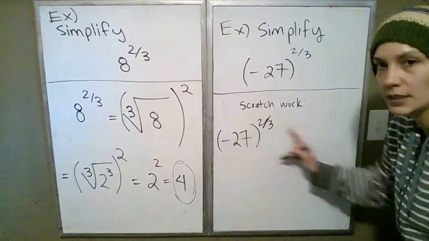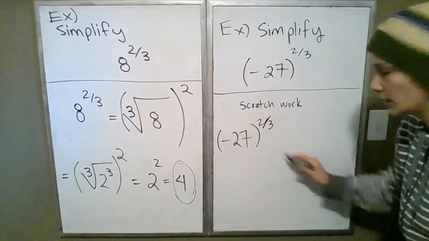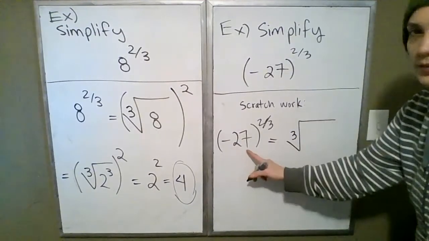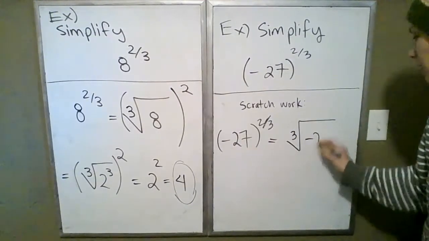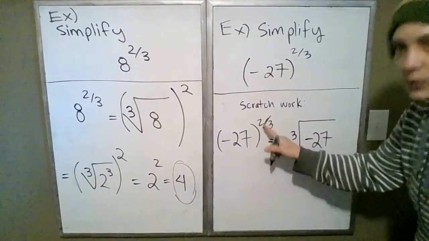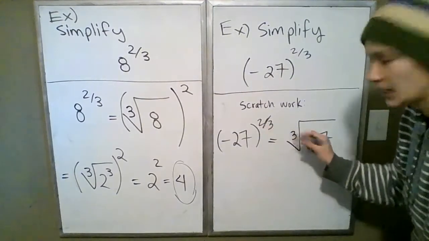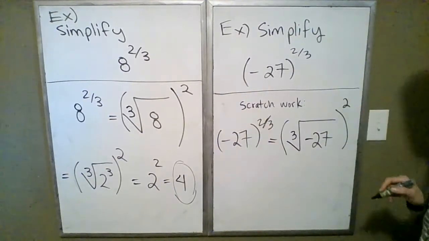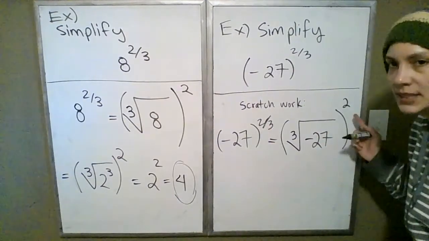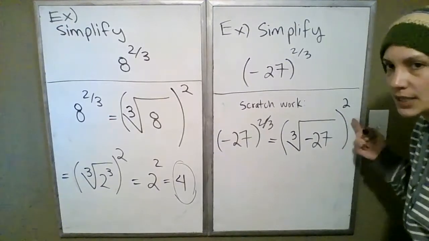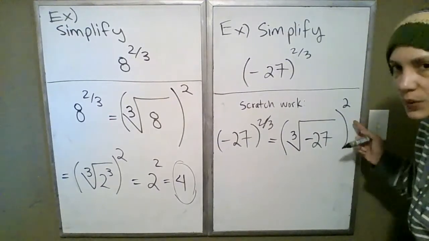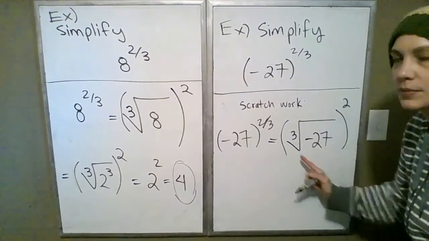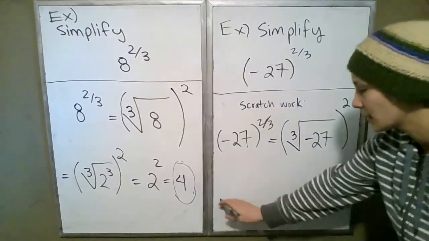The denominator is the root, it's a cubed root of negative 27. And then we'll put this power on the outside. You would get the same answer if you put it under the root, but I like it this way. We'll square this number once we've simplified the value in the parentheses.